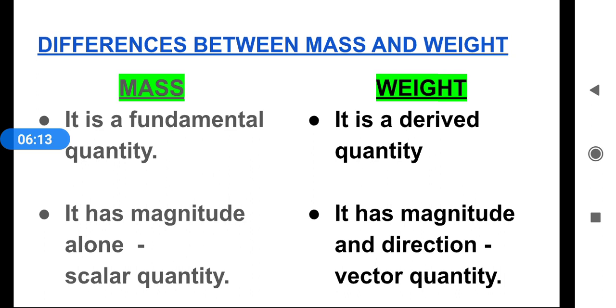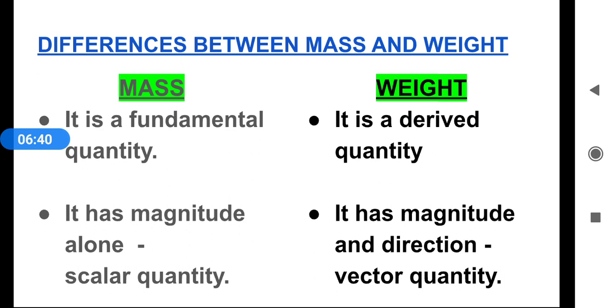Then the mass has magnitude alone. This is a scalar quantity. But weight has magnitude and direction. It is a vector quantity. Scalar quantity means the number and the unit only are used to represent the magnitude alone.